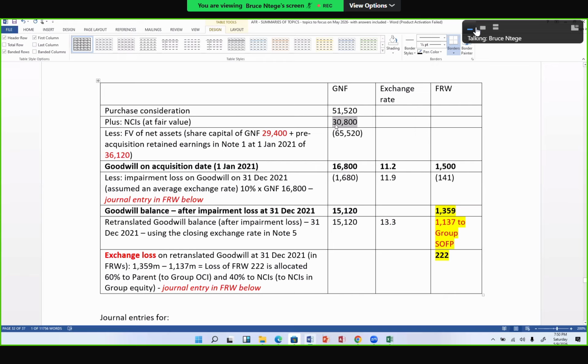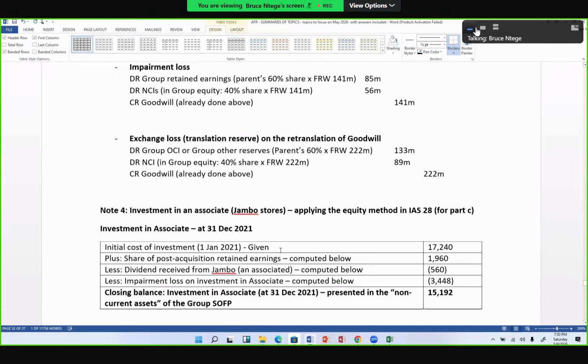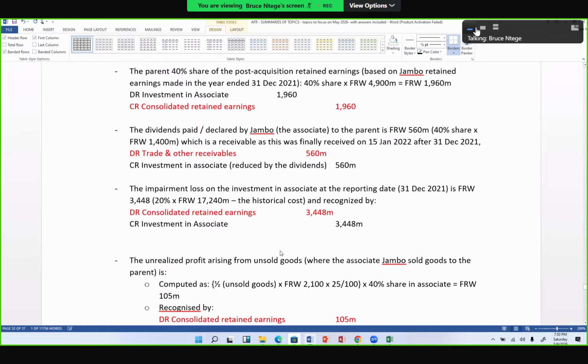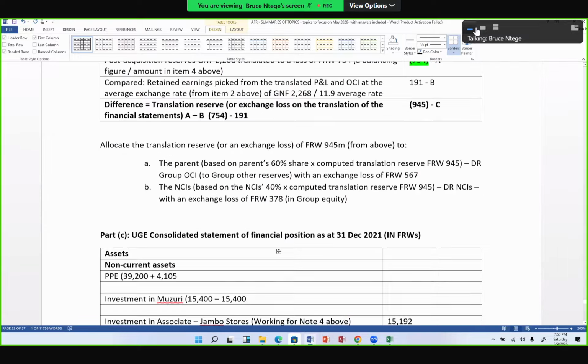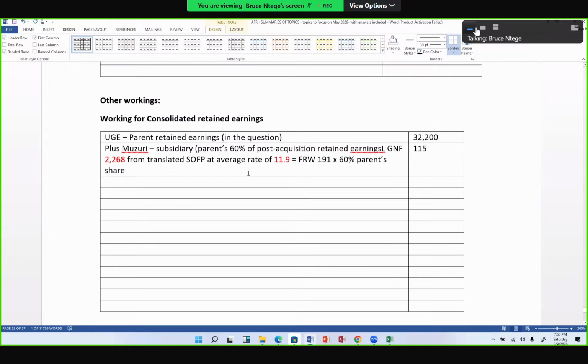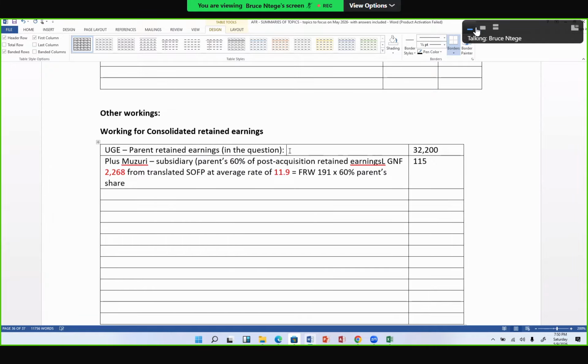But I'm going to translate it at the exchange rate on that date, so divide by 11.2, because it's part of that 16,800 at 11.2.